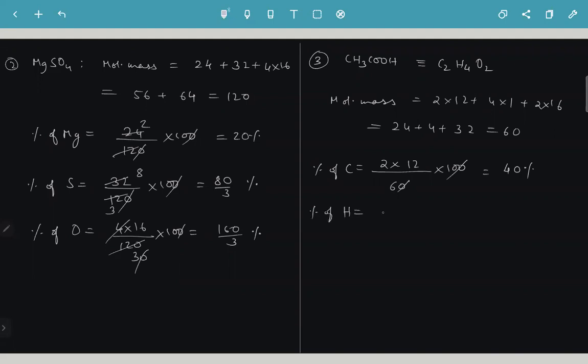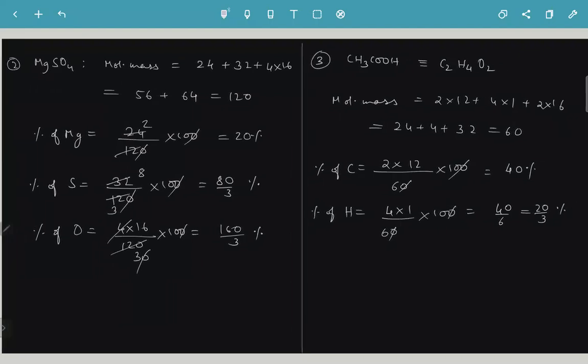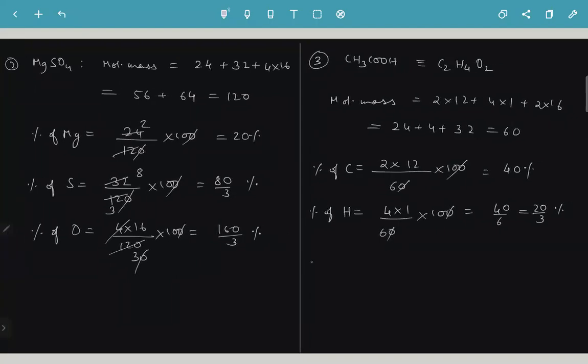Percentage of hydrogen, 4 into atomic mass of hydrogen upon molecular mass into 100. So 40 by 6 or 20 by 3%. And then percentage of oxygen, there are 2 oxygen atoms, 2 into 16 upon 60 into 100. This is equal to 160 by 3%.